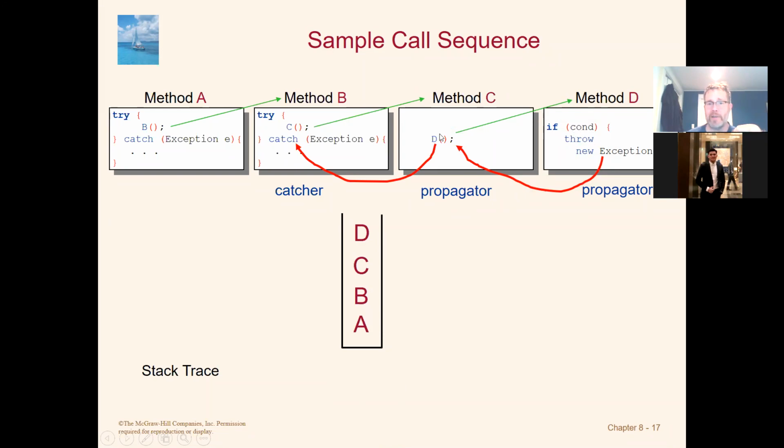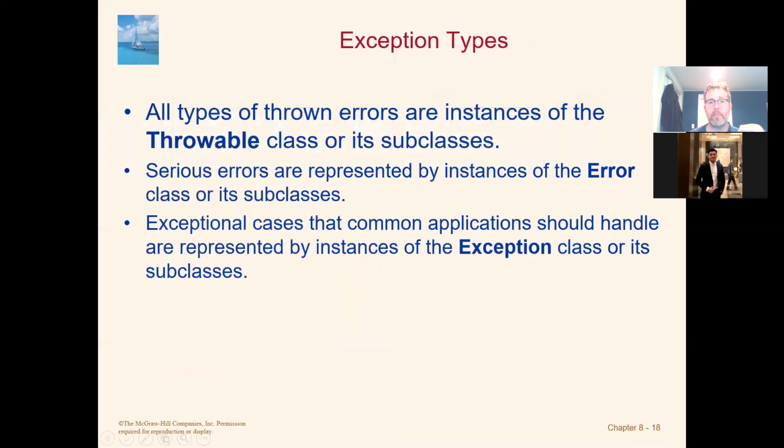So fine, D kicks it back to C. Well, C doesn't have any way to handle this exception either, so it's going to kick it back to B. B, of course, has a block to handle this exception type, so it's going to catch that one. And that means that A is never going to see it. It's going to get handled as locally as possible to where it happens. In that case, that's B. And that creates the least disruption of the stack. So whatever's going on in A is going to keep on sailing smoothly along and never know that this exception happened.